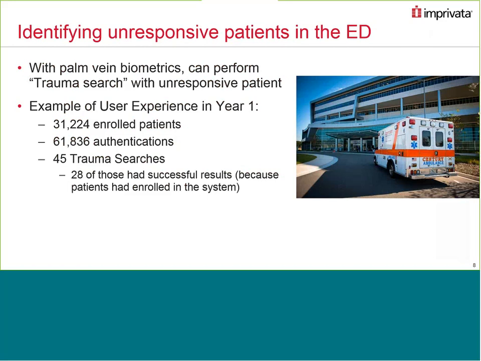Sure. So for folks on the call, just to let them know what our trauma search is, we label it that, but I always tell folks that it's more than that. Again, that's the name that we gave it. Unresponsive patients are something that we deal with, and Claire and I have both been in the ER for 20-plus years. We won't tell you how long.